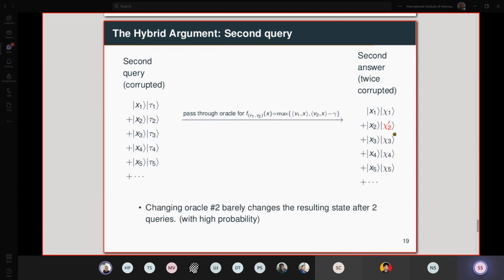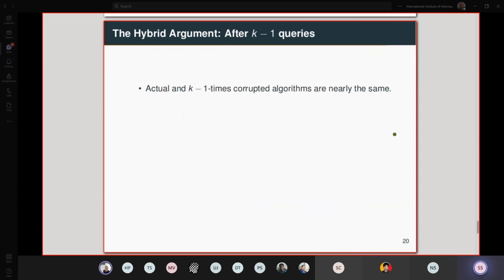And so we do this k minus 1 times, and therefore it doesn't really make much of a change to the algorithm. And if you've corrupted it k minus 1 times, that means that the state at the end of that doesn't even look at vk.